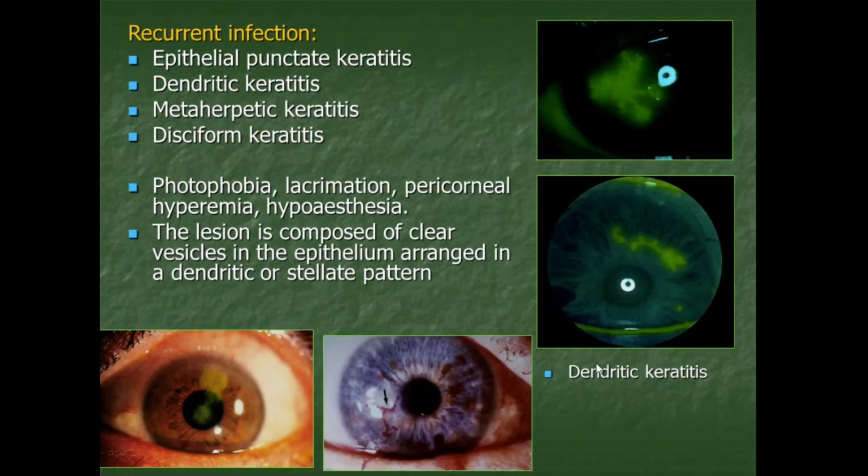Recurrent herpes simplex infection we can divide into epithelial punctate keratitis, dendritic keratitis, metaherpetic keratitis, and disciform keratitis. On this picture, you can see the specific picture of dendritic keratitis.